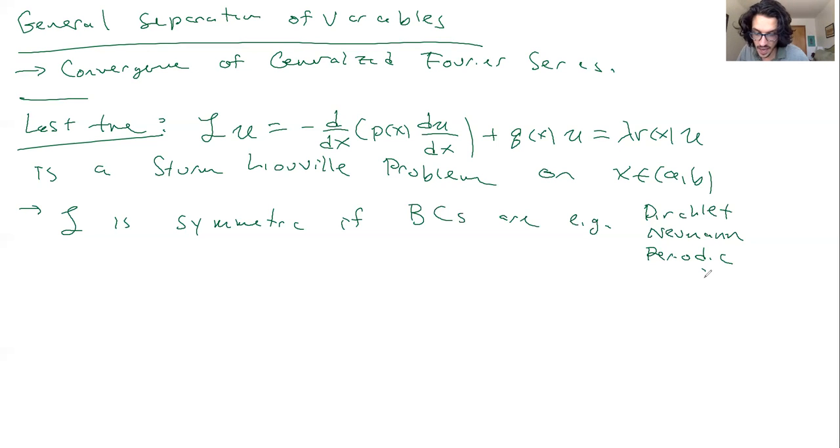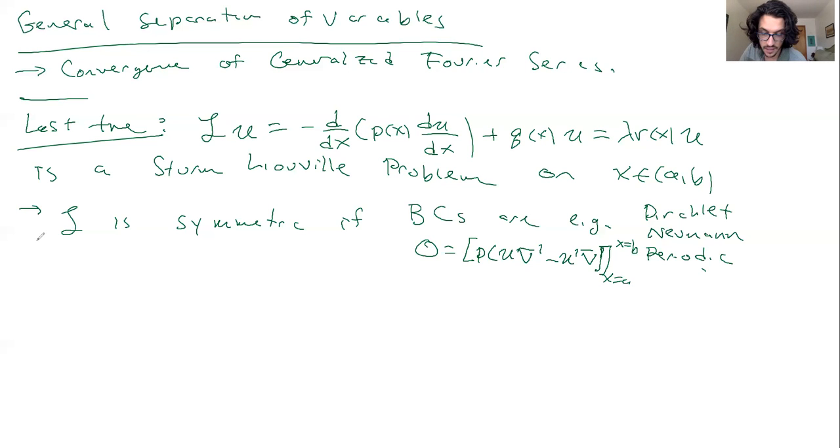And if that's the case, then p times (u v' minus u' v conjugate) evaluated at x equals a to b is going to be 0. So that's what we're going for.